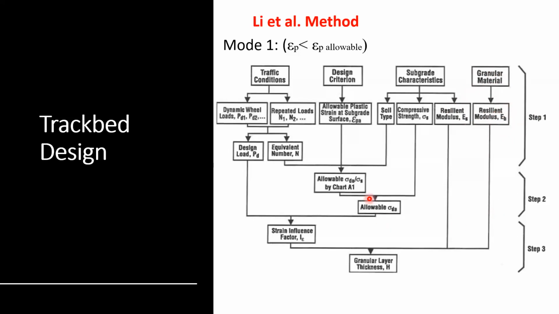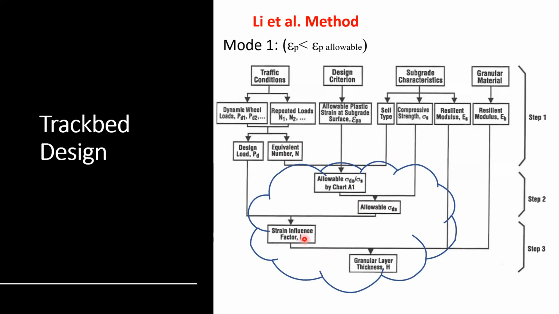You take all this, you have your allowable deviatoric stress. You go through charts, I'll show you this in a bit. You get your strain influence, and from there you can get your granular thickness. So the approach sounds pretty straightforward. However, you need to be aware of all the kinks and all the swerves as you develop these parameters until you get to your granular layer thickness.